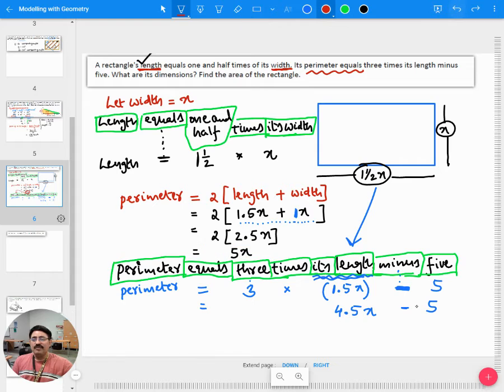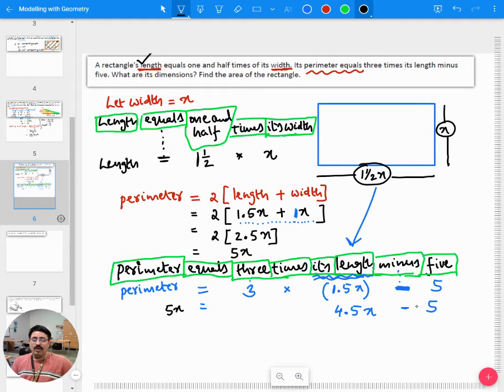So in place of perimeter, take 5x equals 4.5x minus 5. Now you know how to isolate the variables. Let me subtract 4.5x.